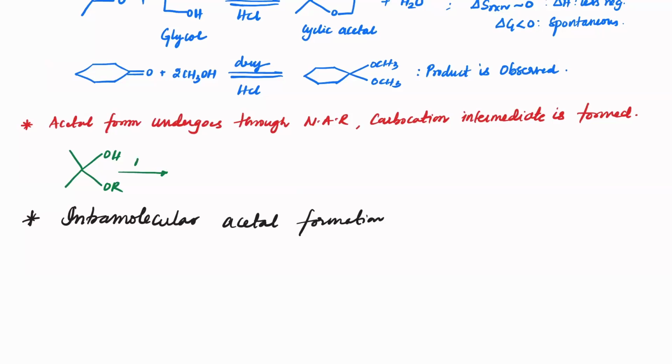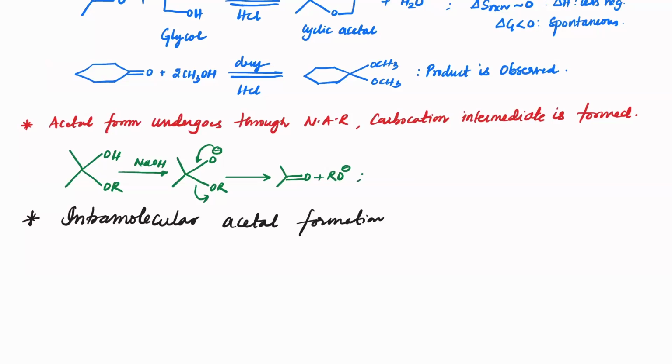Third, when it comes to hemiacetal, like this, we have OH and OR. If you take it in basic medium, OH minus will immediately take the H plus and convert into O minus, and that O minus will push and remove this OR, and that's how it will convert into the keto form plus RO minus.